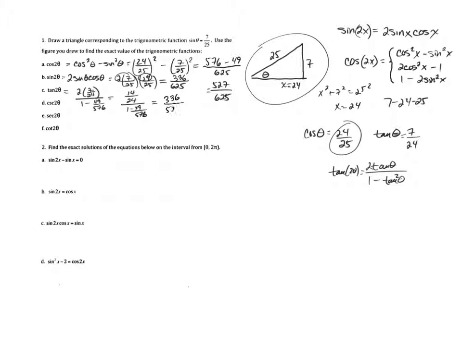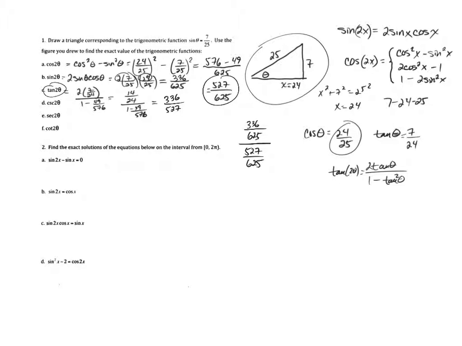Simplify that complex fraction, you get a common denominator, and you're going to wind up getting 336 over 527. Now, the shortcut to that is to realize that we could have just done tangent of 2 theta as the sine of 2 theta, which we found out in part B as 336 over 625, and put that over the cosine of 2 theta, which we found out to be 527 over 625.